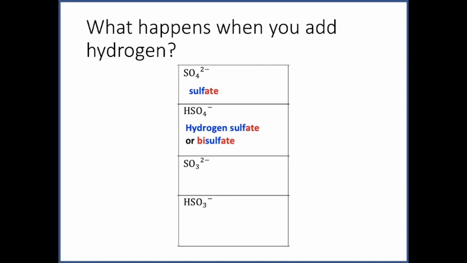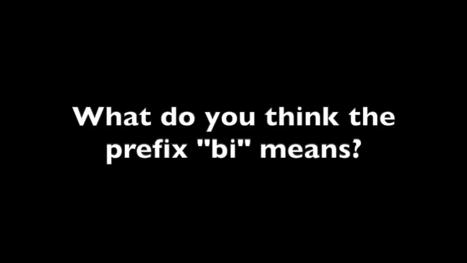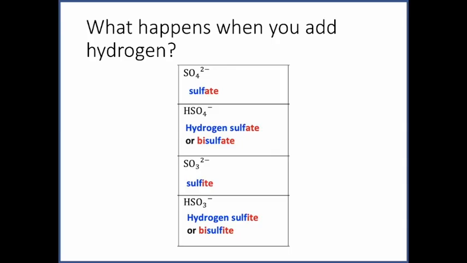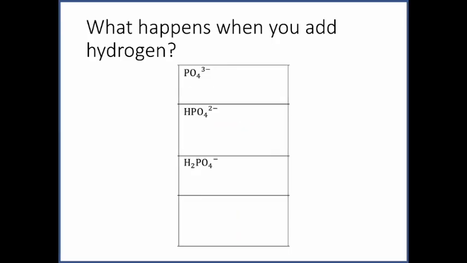Let's see what happens if we add a hydrogen to sulfite. We get hydrogen sulfite, also called bisulfite. Pick up the trend here. See if you can figure out what the prefix bi means. Now let's look at the next column.